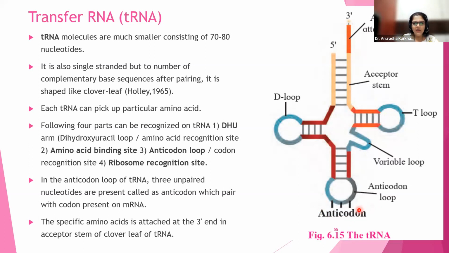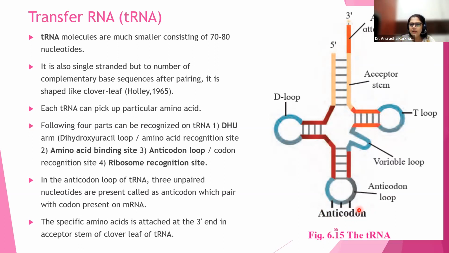So a codon is a triplet of nucleotides present on mRNA. What is a codon? A triplet of nucleotides present on mRNA. If you remember, AAC, GGU, whatever we wrote earlier.